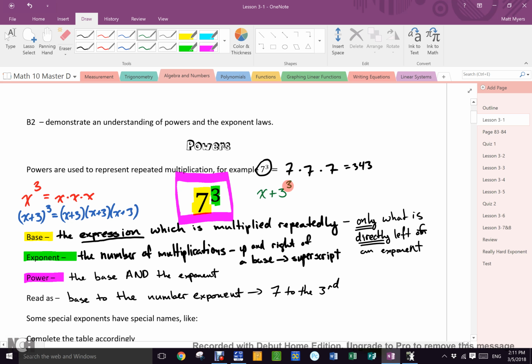Now what's the base? 3. Just 3. So what is this really? X plus 3 times 3 times 3. Is everybody good? Okay. What about this one? Negative 7 cubed. What's the base there?